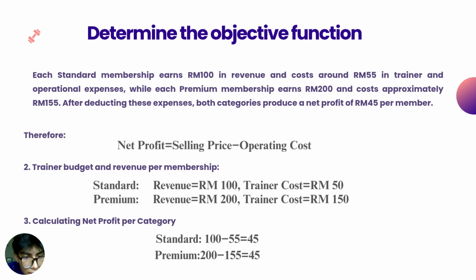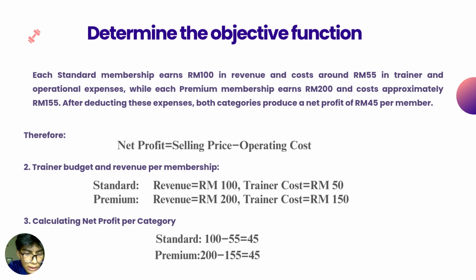After deducting these expenses, both categories produce a net profit of 45 ringgit per member. Therefore, net profit is equal to selling price minus operating cost. The next step is we look at the trainer budget and revenue per membership.